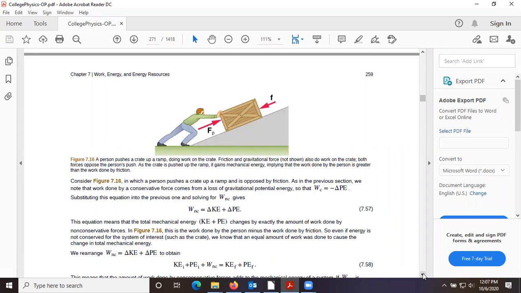This is a good problem. If I'm pushing a crate up a ramp and I have to give it a force and I've got a frictional force going back against me, then the steeper the ramp that I'm pushing up, the more force I have to use. So if you're by yourself and you're trying to load something on a trailer, if you can make your ramp longer, then you have to apply less force.